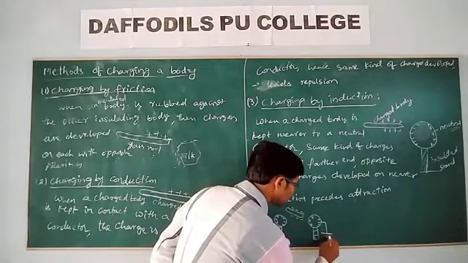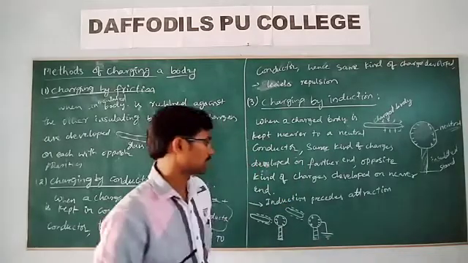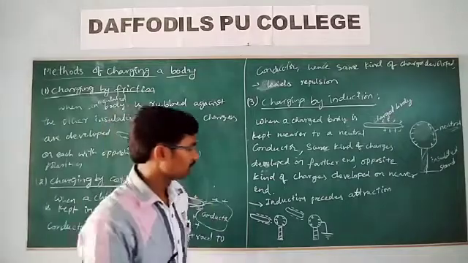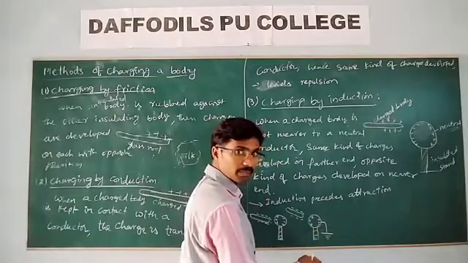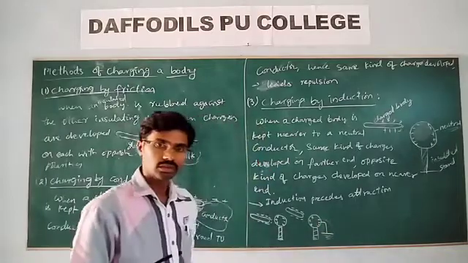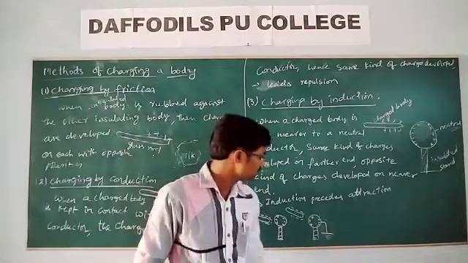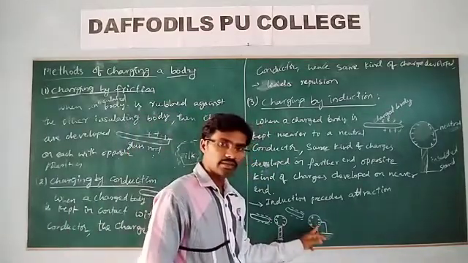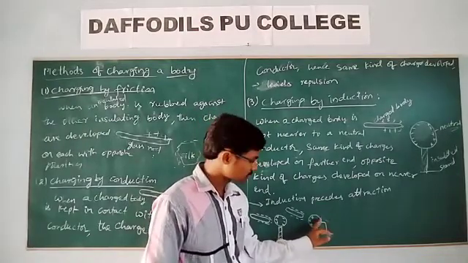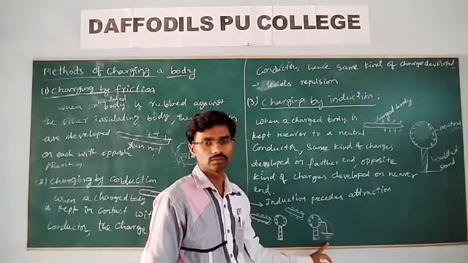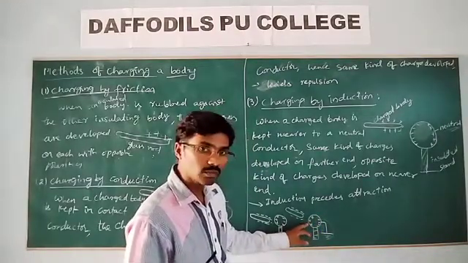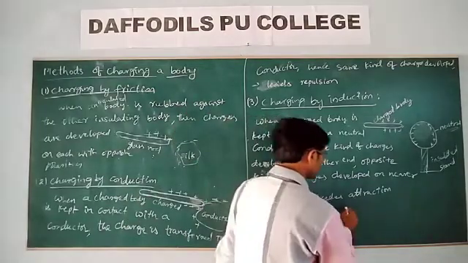Now we already know, whenever it is earthed, the charges are shared with the ground. That means at this end we have an excess of electrons, and all these excess electrons flow to the ground. So this part is neutral, and only the other end has positive charge.